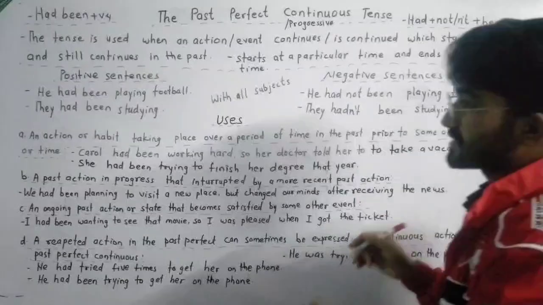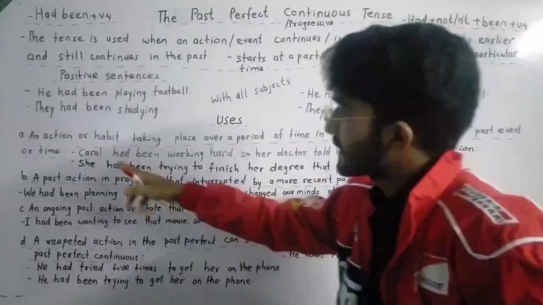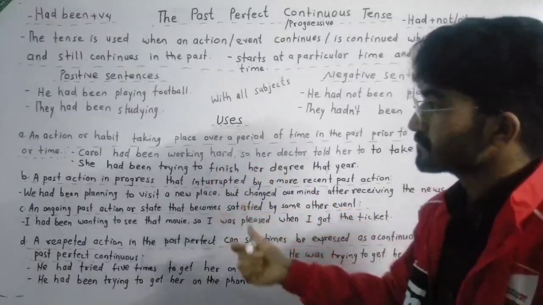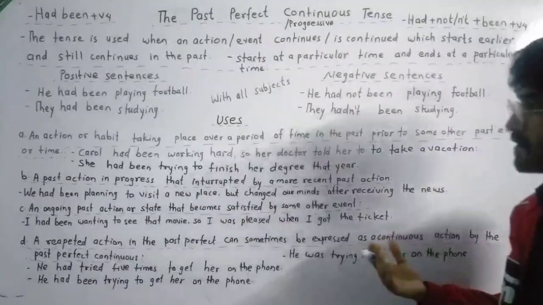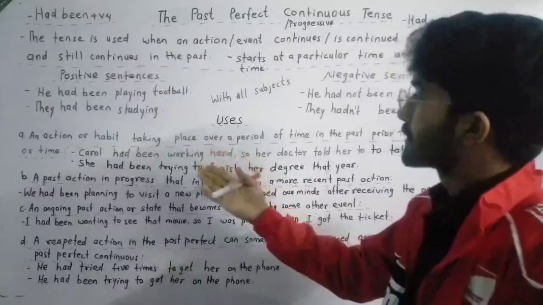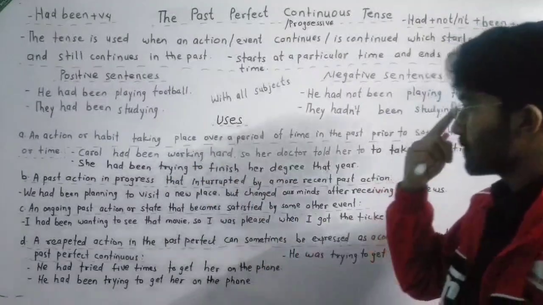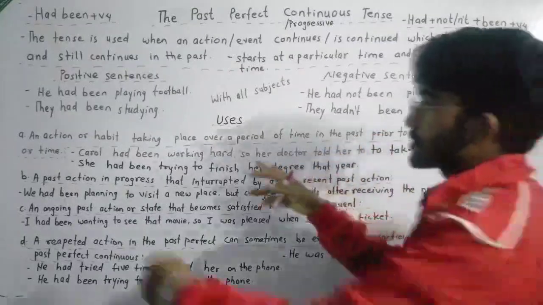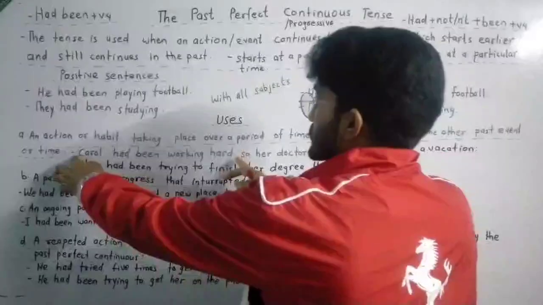Let's understand through this example. Carol had been working hard. Carol, a person, had been working hard. So her doctor told her to take a vacation. You see, it was a duration.